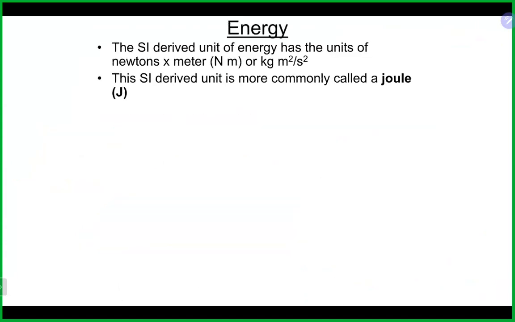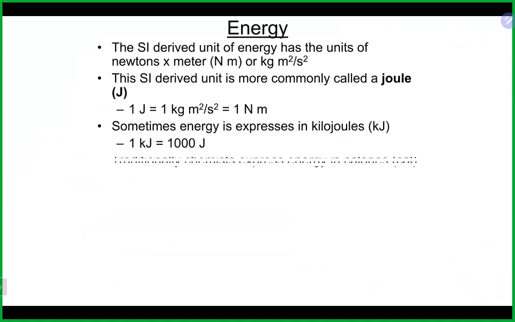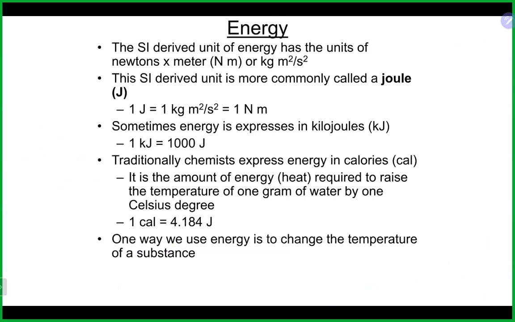So let's talk about some important units of energy that we will use throughout this semester. First off, probably the most common unit of energy that you use in chemistry is a joule. And 1 joule, by the way, is equal to 1 kilogram meter squared per second squared.